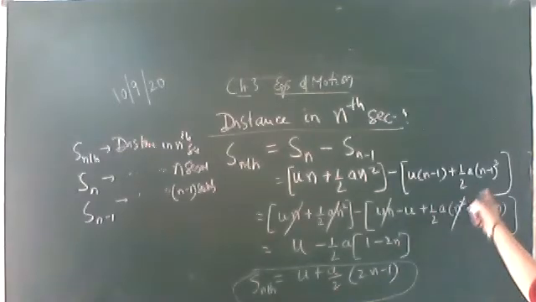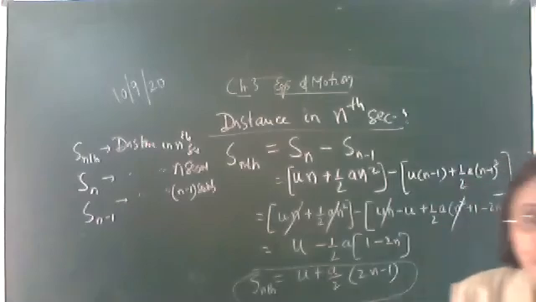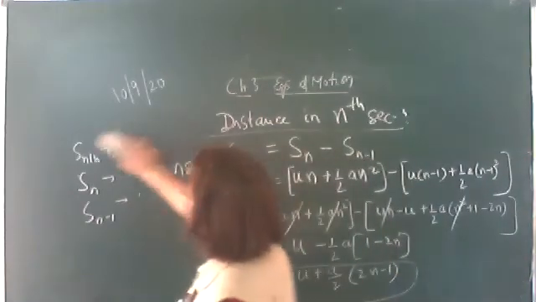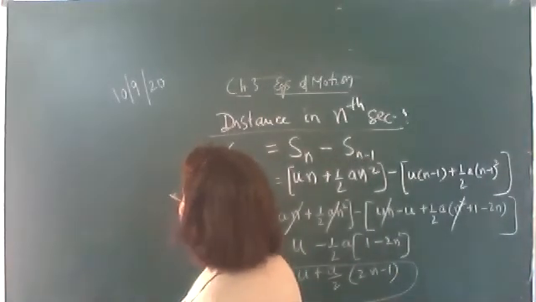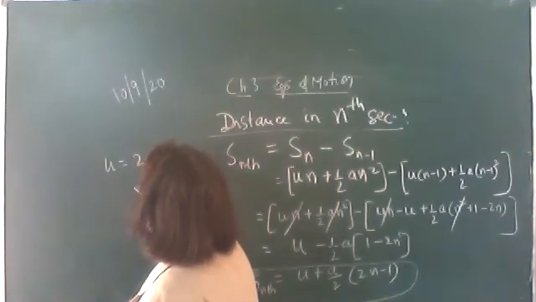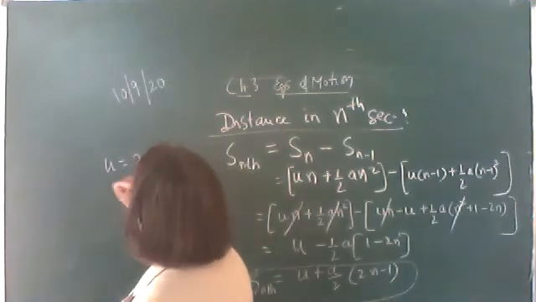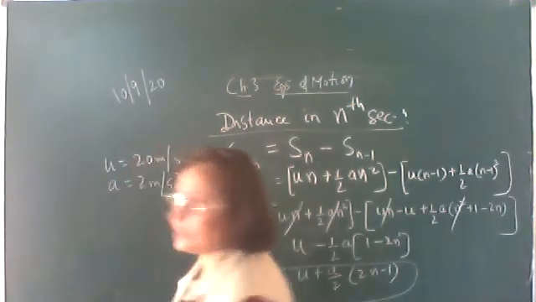Yes, ma'am. Okay, write a question, hurry up. Write down: a body, an object moving with the initial velocity 20 meter per second, has an acceleration of 2 meter per second square.